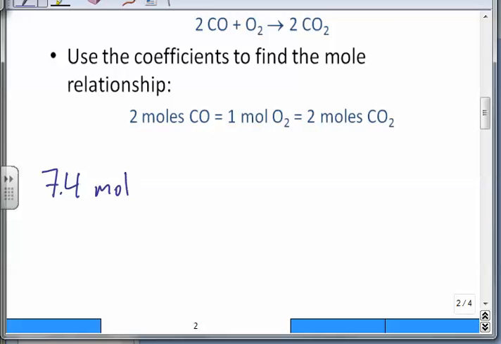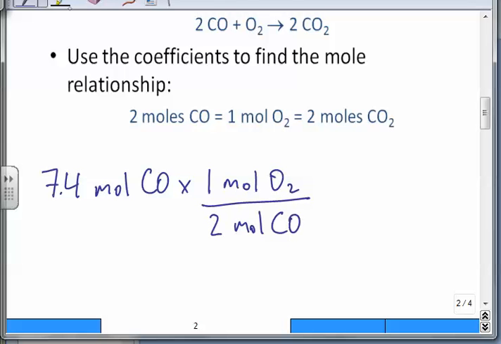So we have 7.4 moles of CO. Now we are going to multiply this by a conversion factor that converts between moles of CO and moles of oxygen, which is given again by this relationship. So we're going to say we want to determine the moles of oxygen. So we're going to put 1 mole of O2 on the top, and then we're going to divide that by 2 moles of carbon monoxide.